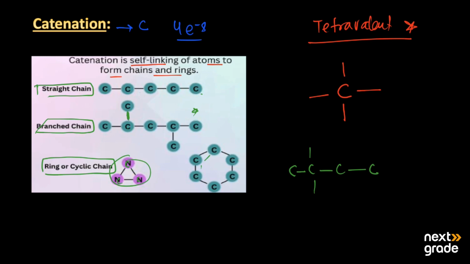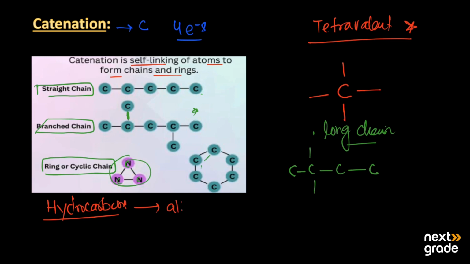This is a very important property of carbon, as in this way it can make long chains and a lot of compounds. These compounds are mainly known as hydrocarbons, and we have different classes of hydrocarbons: alkanes, alkenes, and alkynes.